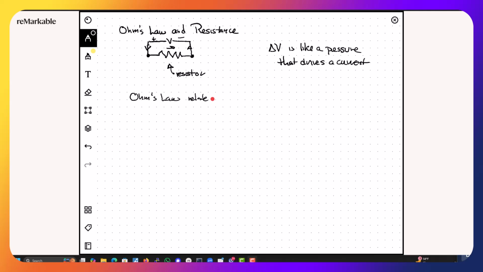It relates voltage, resistance, and current. And Ohm's law is V equals IR. So V is the voltage difference.